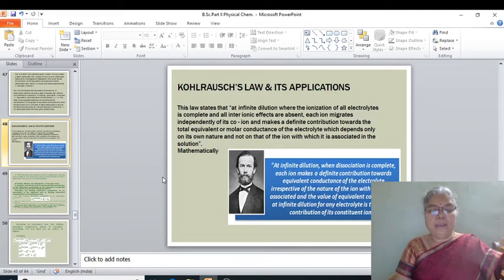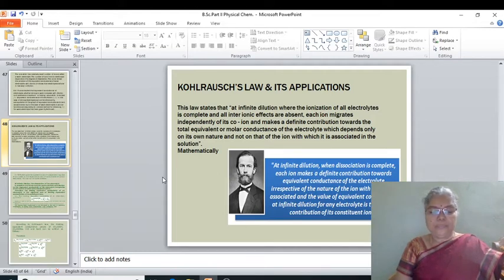His third electrolyte pair was lithium bromide and lithium chloride, and their lambda 0 values are 0.011709 and 0.011503. Again he observed the same difference, 0.00206. In these three pairs, the cation is the same and the anion is different.